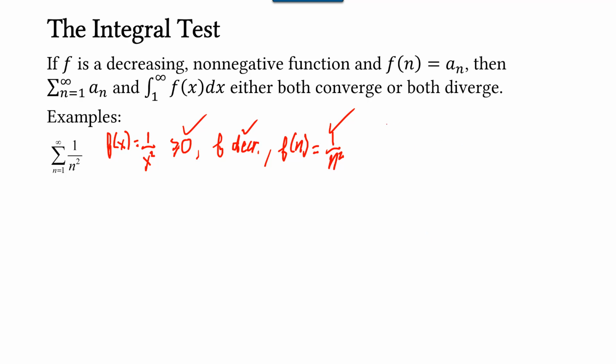So I take a look at the limit as b goes to infinity, integral 1 to b, 1 over x squared dx. The antiderivative for 1 over x squared is minus 1 over x.